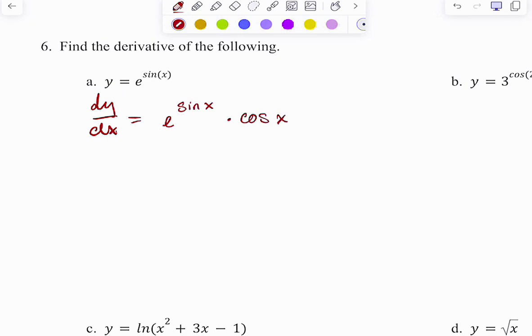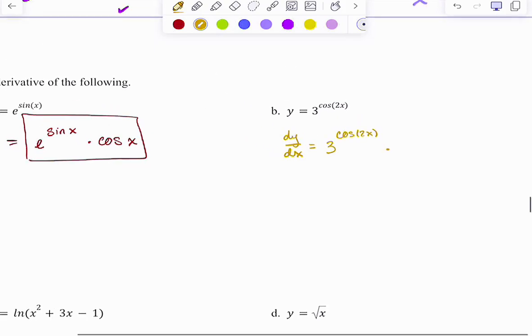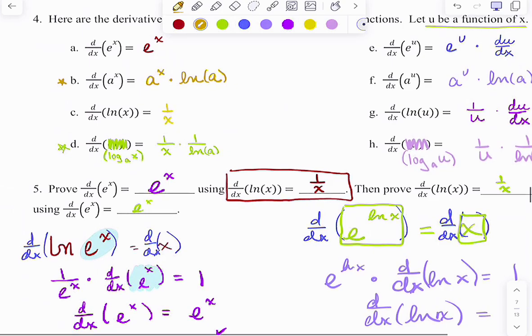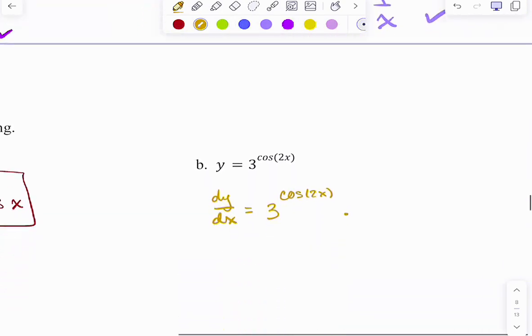I just took this formula that's right here for e to the u. I just got e to the sine x. Do 1/2, yeah, we know that. sine 2 times 1. I would do the derivative of x.